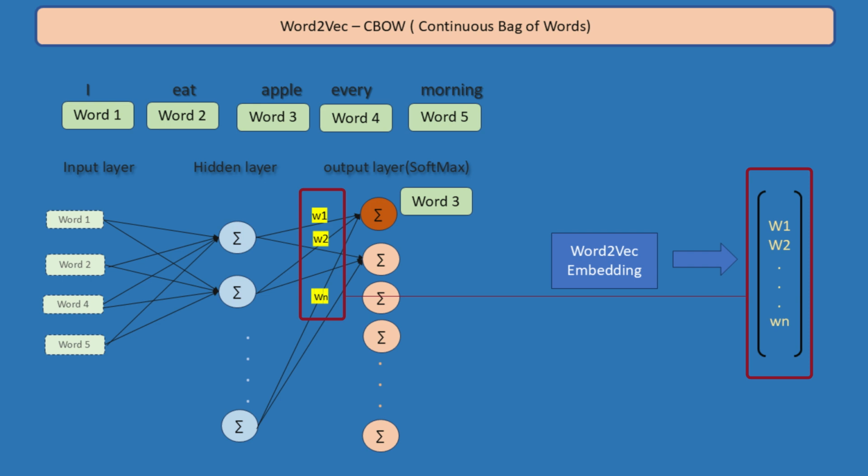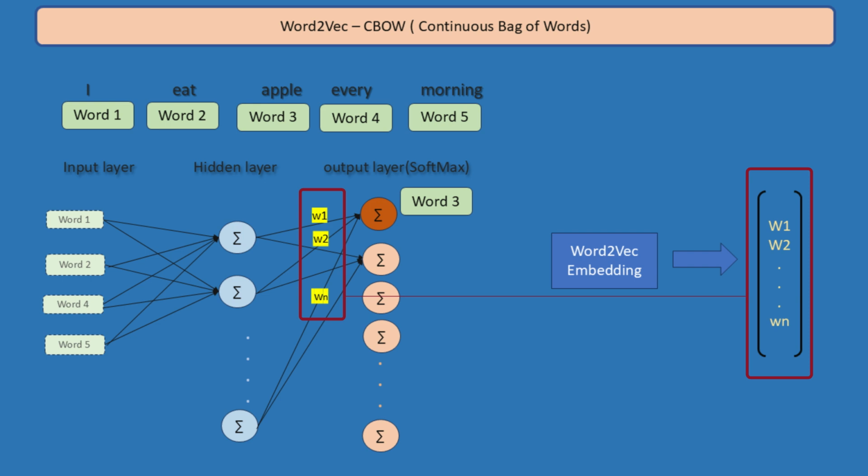As you can see, W1, W2, W3 and so on till Wn, the last weightage. If we convert this into a vector, this will be our embedding representation of the word apple.